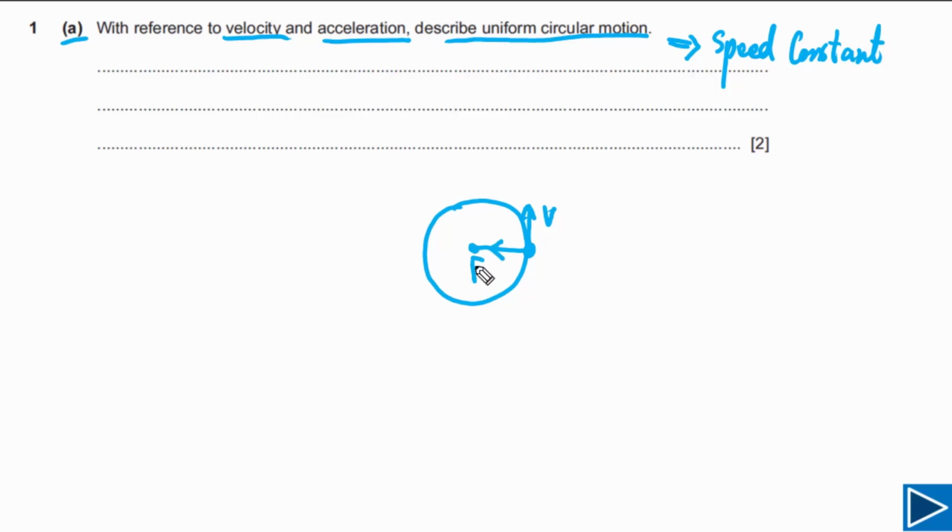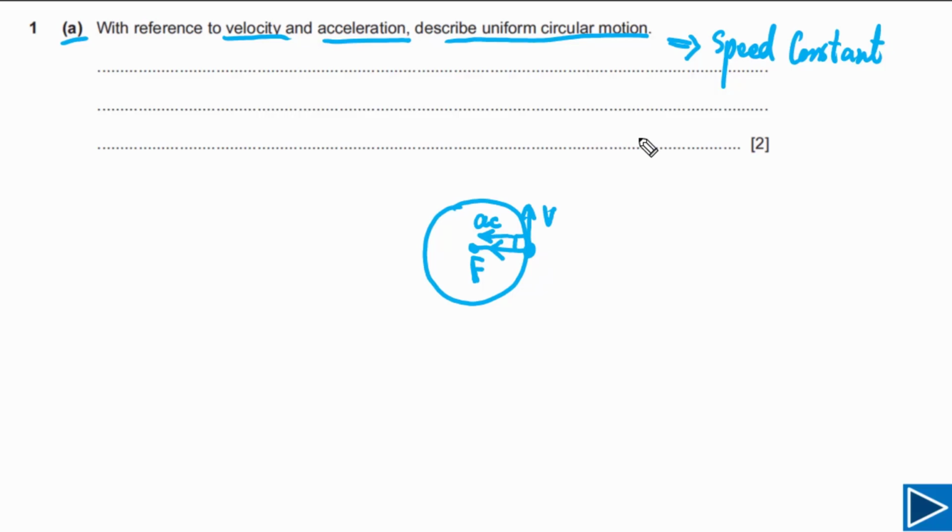Let's say this is force F, and the direction of acceleration is always the same as the direction of the resultant force. So this is the direction of the net acceleration, and in this case it is centripetal acceleration. If you look at force and velocity, the angle between them is 90 degrees, and the angle between v and acceleration is also 90 degrees.